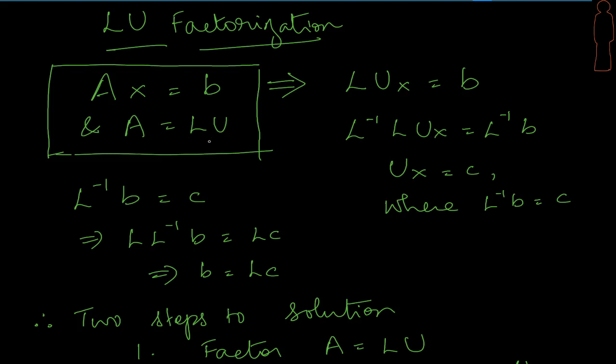And what did we identify with respect to L and U? There are special features. L is lower triangular, U is upper triangular. Apart from that, we also found that U had the pivots in its diagonal, while L had the multipliers in the lower triangle area. So these were a few of the features that we had seen with respect to L and U.